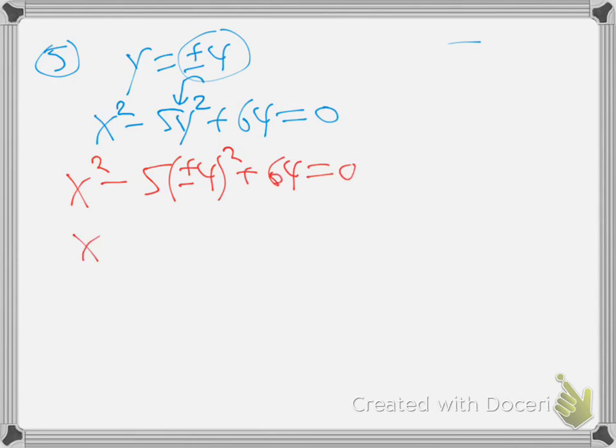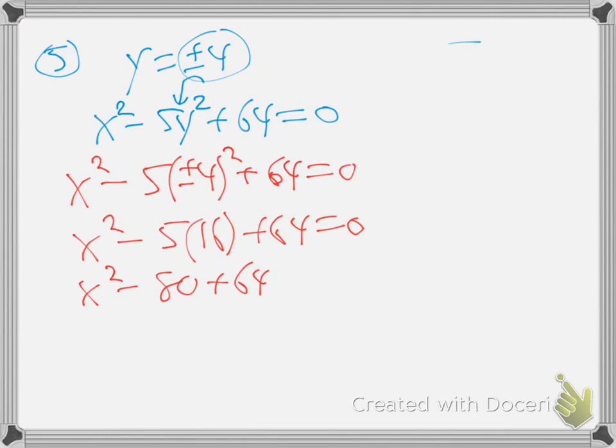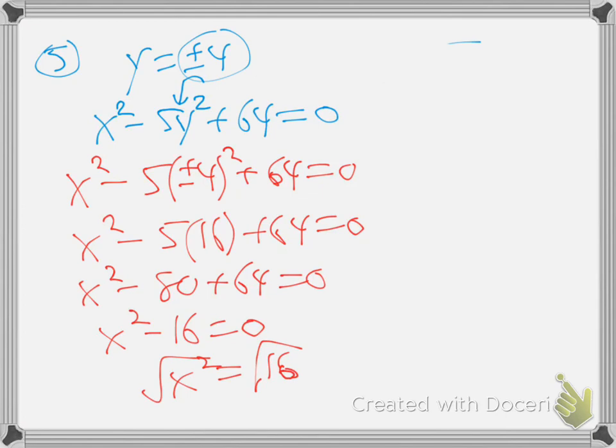Doesn't matter. It's going to get, what's that? 16. And so that's x squared minus 80 plus 64. x squared minus 16. And then add it over. 16, roof on the house, up and down the ladder. So x is plus or minus 4.